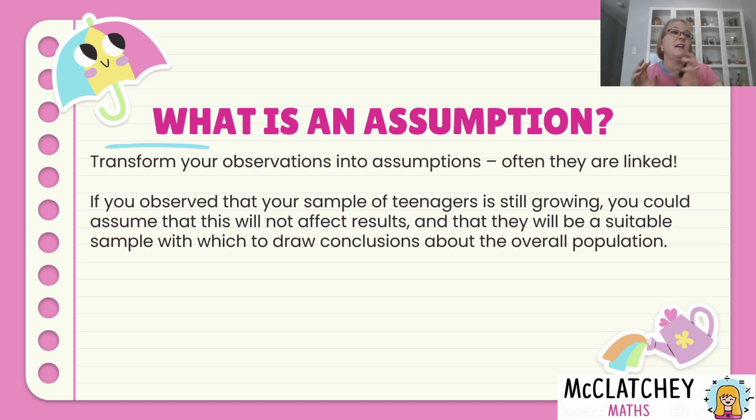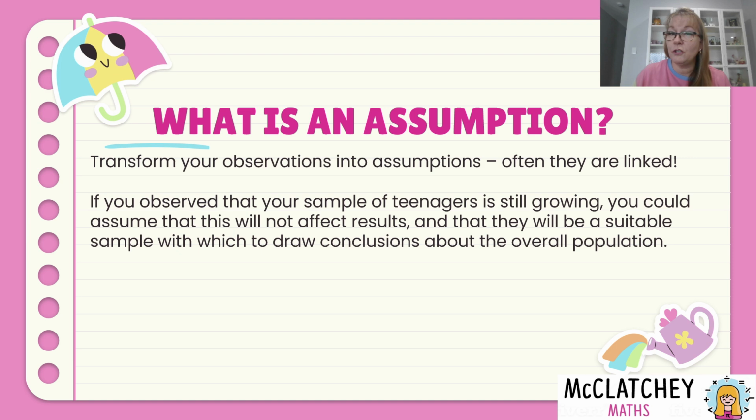However, you can then transform that observation into an assumption and say, it is assumed that this is not going to affect the results, or it's assumed that they will be representative of the population so that conclusions can be drawn about the whole population. So this is where your observation becomes an assumption.